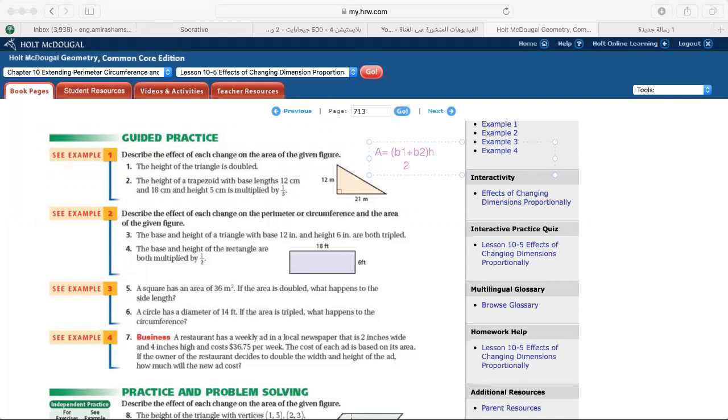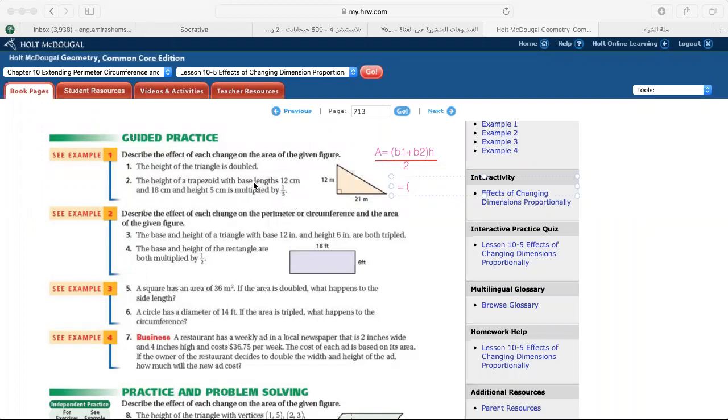So let's draw the line. This is the formula of the trapezoid. Okay, so let's write the values.